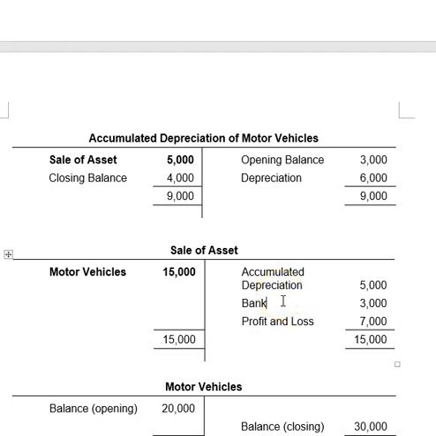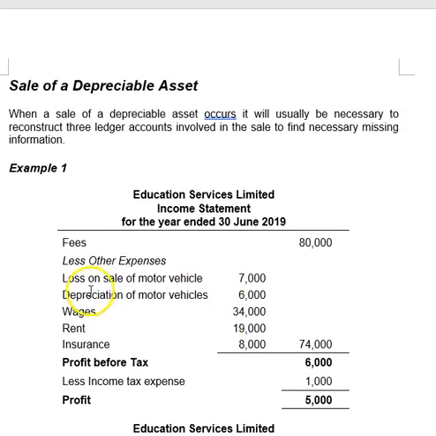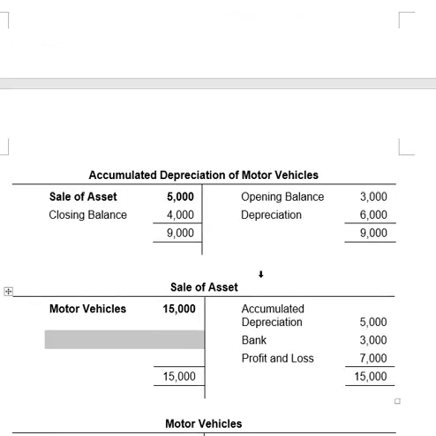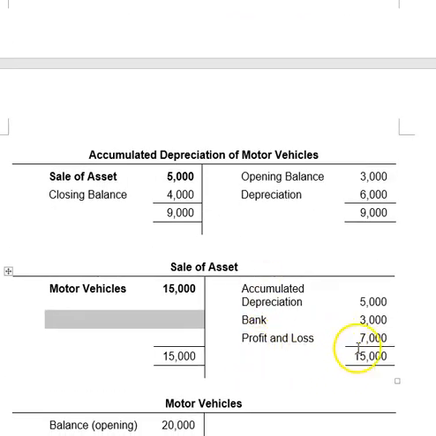If you are making a loss from the sale, you put it on the credit side, but if you make a gain, you put it on the debit side. In this case, we are making a loss on sale, so we put it on the credit side. You only need these 4 items to reconstruct your sale of asset account.